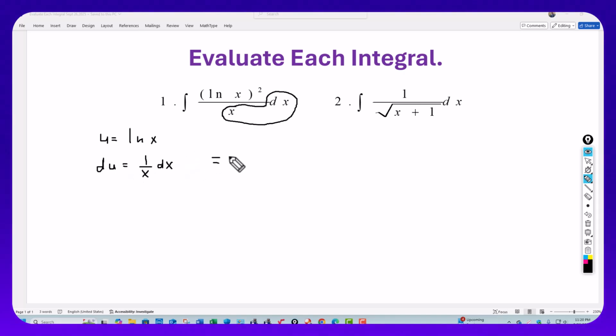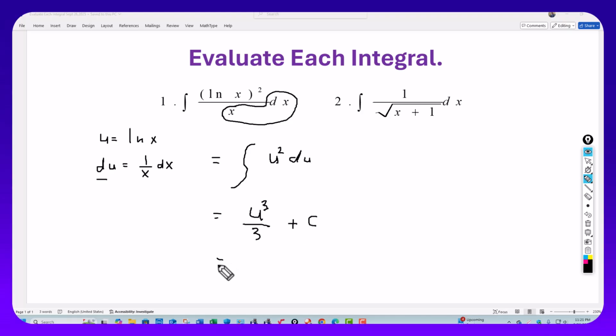Well, let's take it from right there. This would be the integral, and this should be u squared, because ln of x is u, and then you got the square there, and then dx over x, that's your du here. And then we integrate with respect to u. Add 1 to the exponent, get u to the third, you divide by that, then it's plus the constant of integration.